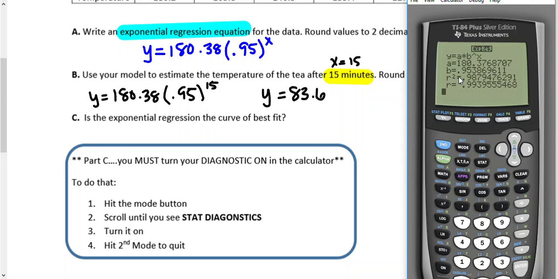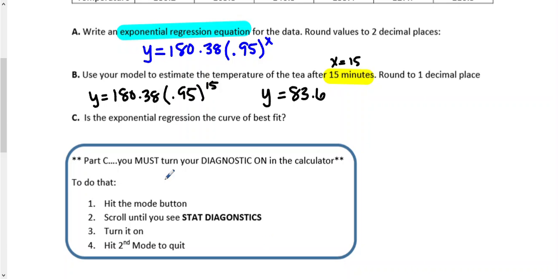And when we write these out, we would like r squared to have at least 3 decimal places. So in this case, it's 0.988. So for this, we would say r squared equals 0.988. That's really close to 1, so we would say yes, it is a curve of best fit.